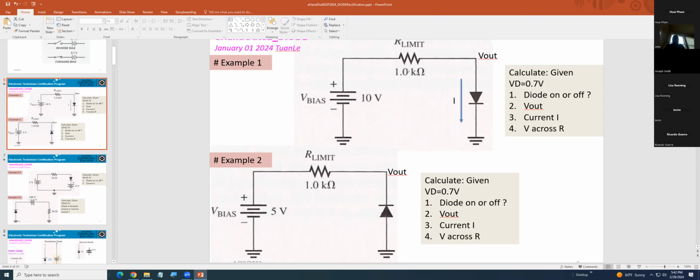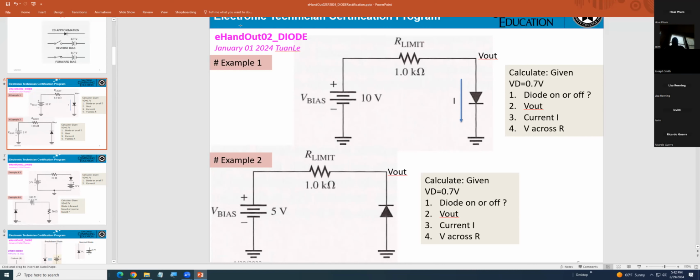There's a ground, so it would be 0 on the right side of the diode, right? It's going to be plus minus plus minus. It's going to be forward bias, and it'll be on. The resistance isn't enough to stop it. Yeah, they will be on.